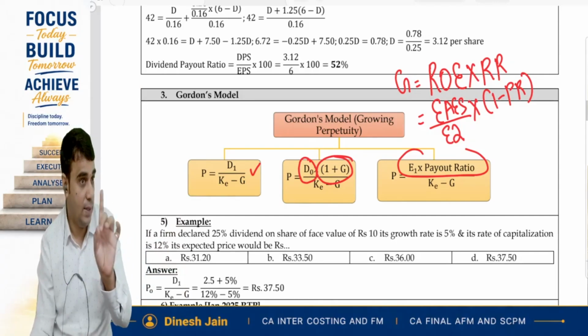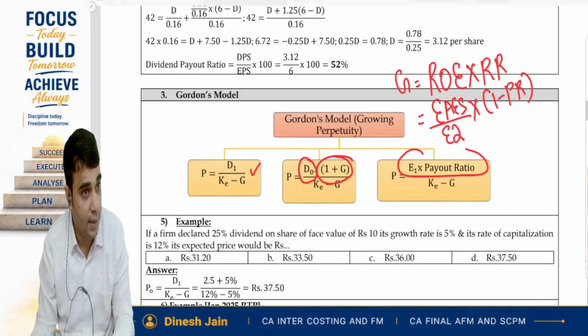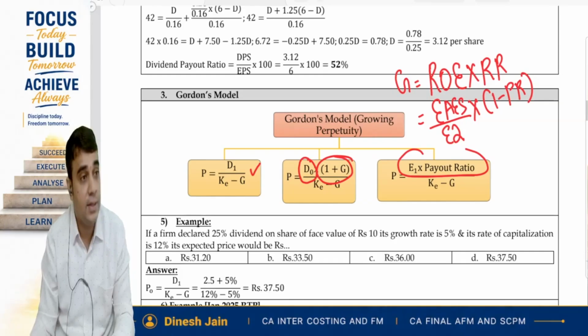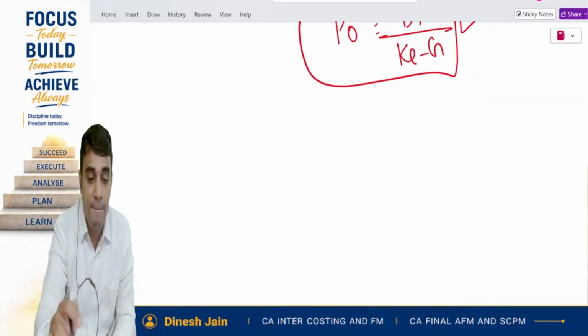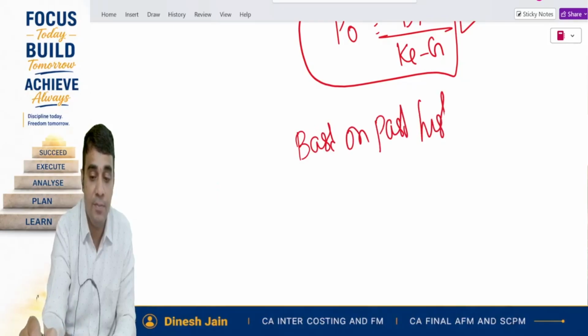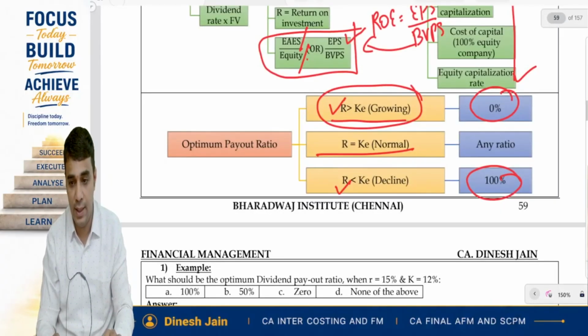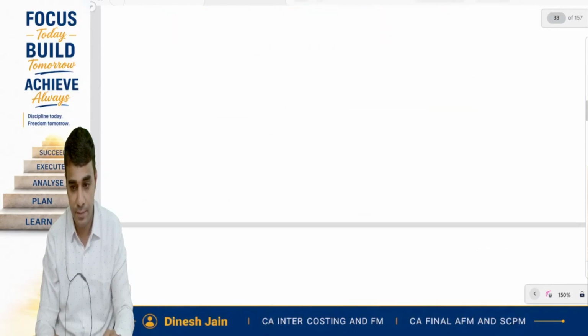That was not the only thing. There was another approach to calculate the growth rate, based on past history. Based on past history, they will give two dividends. Let me show it there itself. We learnt it here.